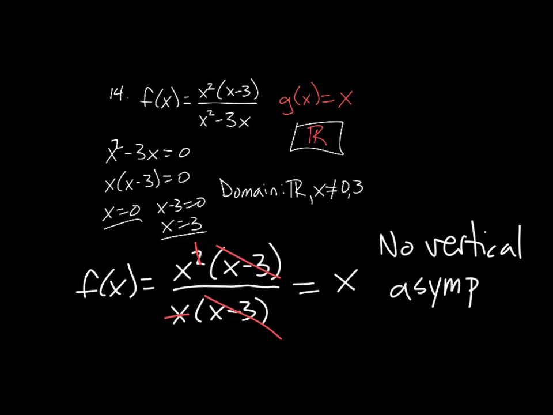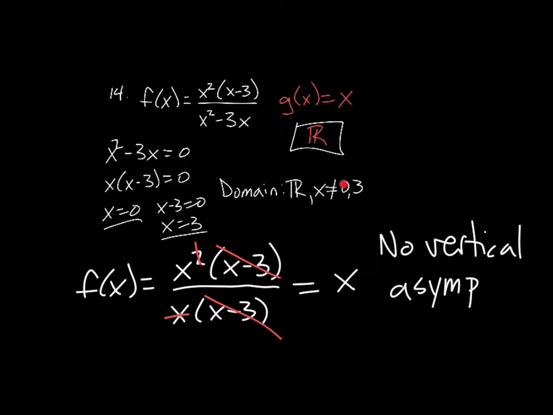Okay, so if you put this exactly into y1 and you put this just like this into y2, it's going to graph what looks like the same line. But we know that we cannot have 0 or 3 in this one.